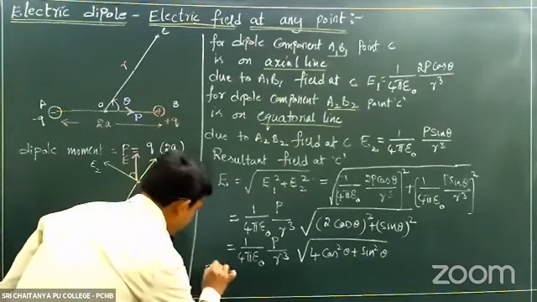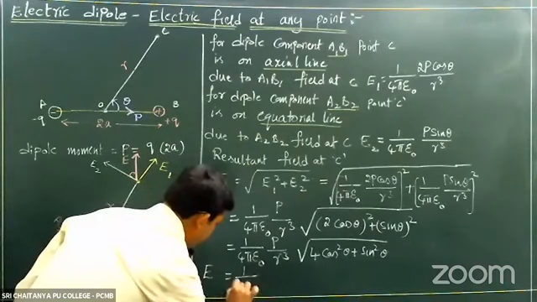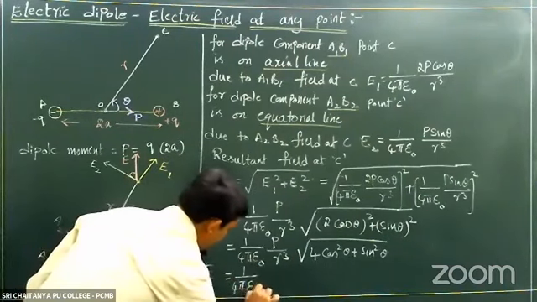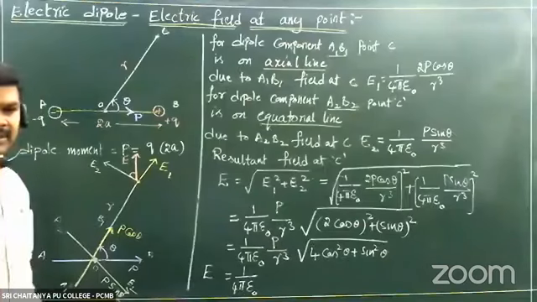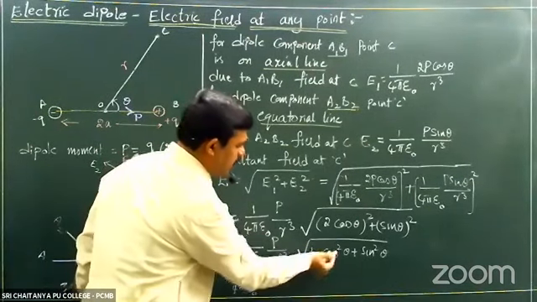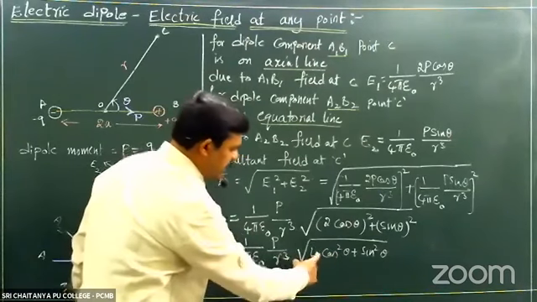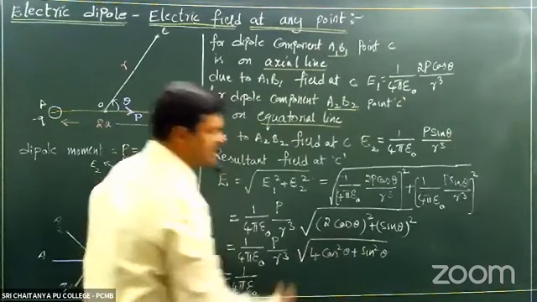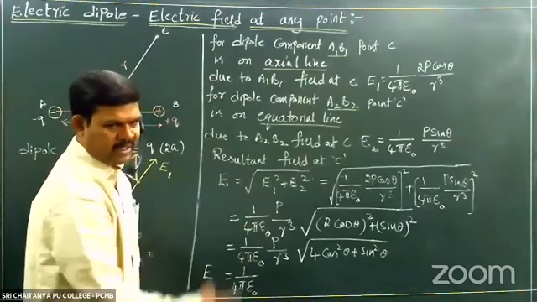See, 1 by 4 pi epsilon naught. In this, 4 cos square theta, I write it as 3 cos square theta plus sin square theta plus cos square theta.